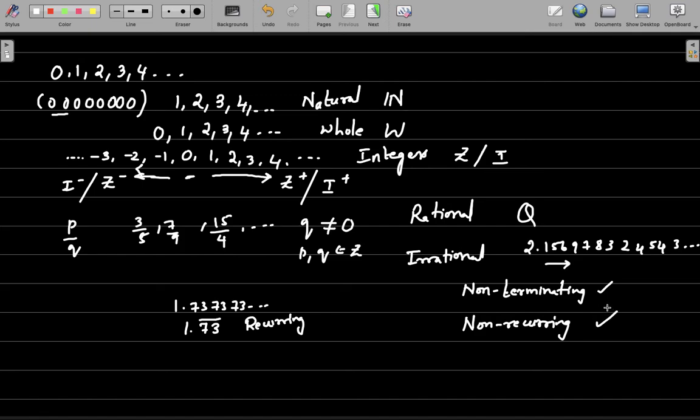So whenever you have numbers which are non-terminating decimals and non-recurring decimals together, then you call such numbers irrational numbers. If either of the conditions is not satisfied, that is, if the decimal is terminating or if the decimal is recurring, you don't call them irrational.